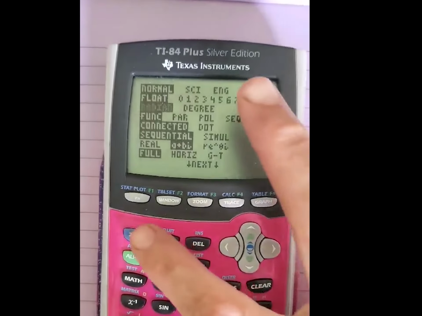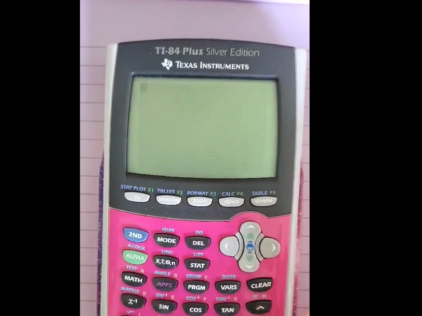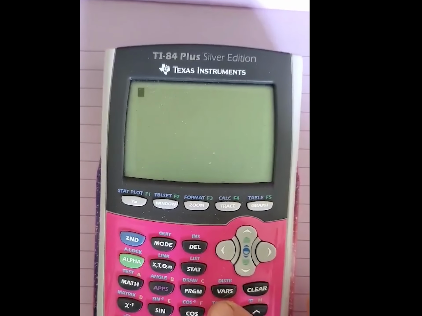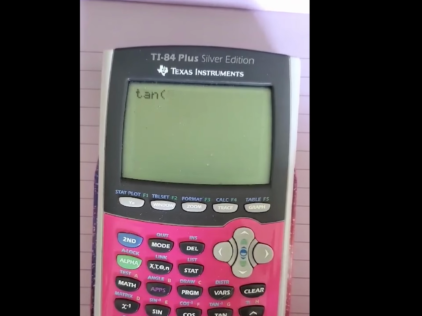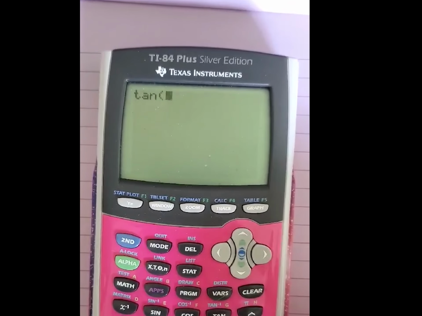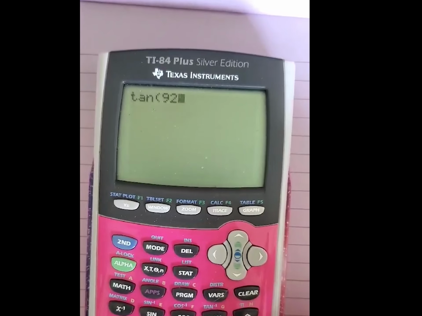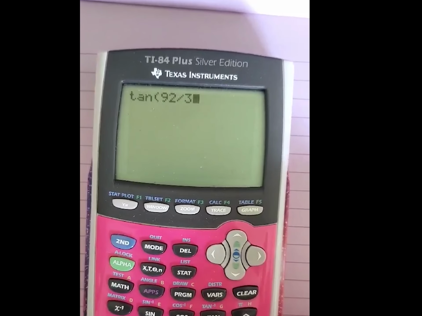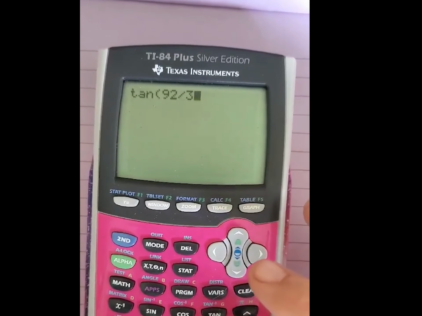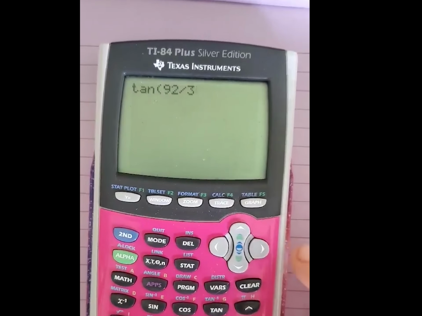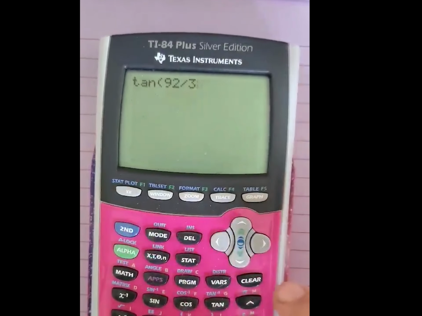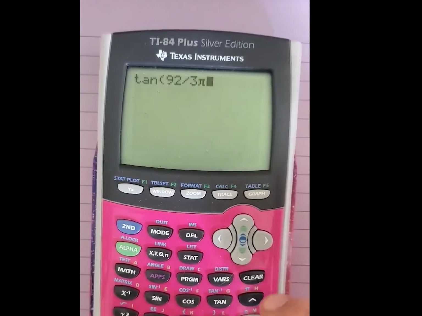So now I can quit out of that, and I can type in the value that they gave me, the tangent of 92 divided by 3, and then times pi. So with the order of operations, I can just type it in just like this.